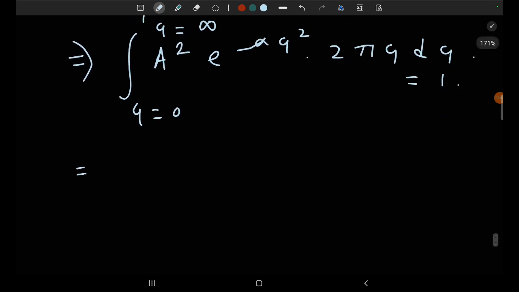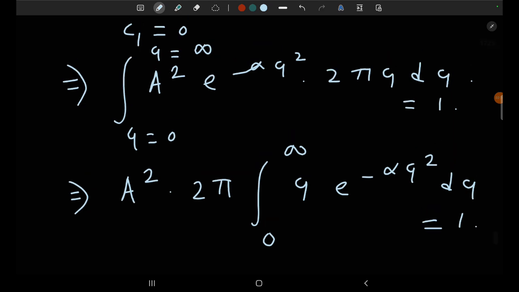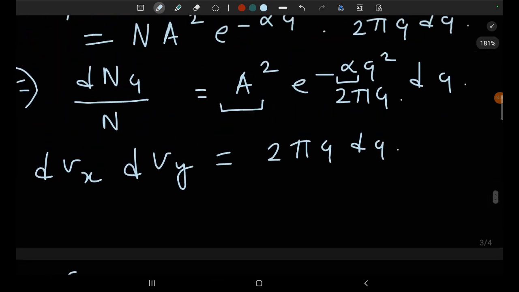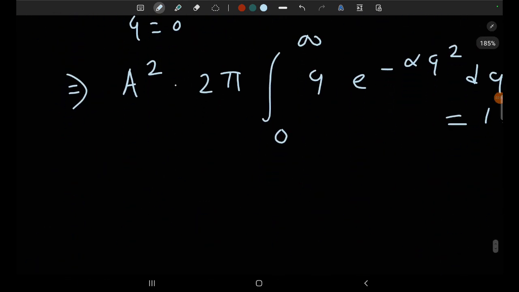If we take out our constants from this equation, this was a squared 2 pi, integral from 0 to infinity of c1 e to the power minus alpha c1 squared dc1, equal to 1. So this is our equation.